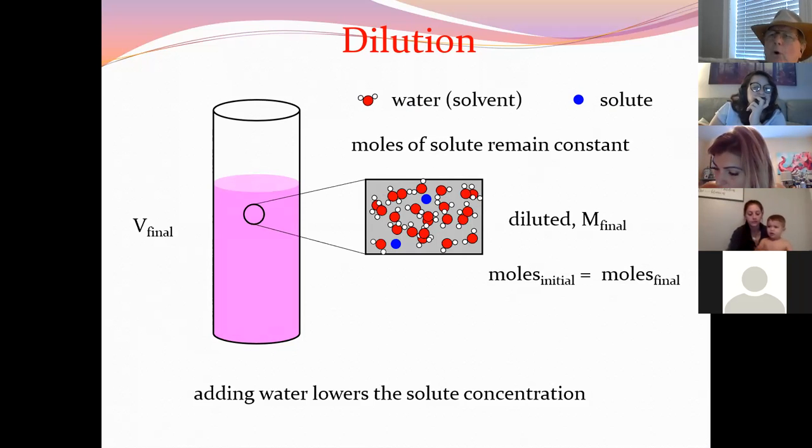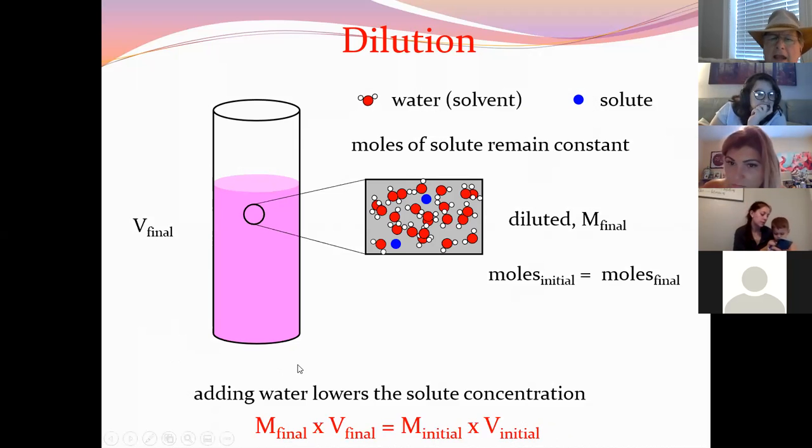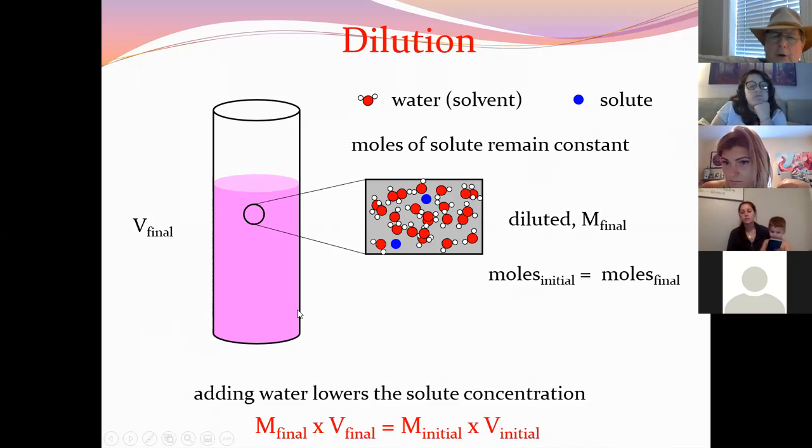How do we get moles? We multiply our volume by our concentration. So if I have my very first one that had a concentration and a volume, if I multiply my concentration by my volume, I get my initial moles of solute.